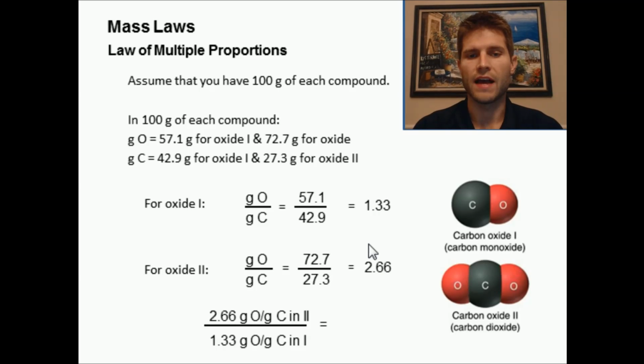Now the interesting fact is, if we divide these two numbers, so I take the 2.66 grams of oxygen per gram of carbon and divide by 1.33 grams of oxygen per gram of carbon, I get a whole number, 2 to 1. What this says is there is twice as much oxygen in the second oxide as there was in the first oxide. So this is a nice little trick that we can use in order to further our understanding of different compounds using this law of multiple proportions.